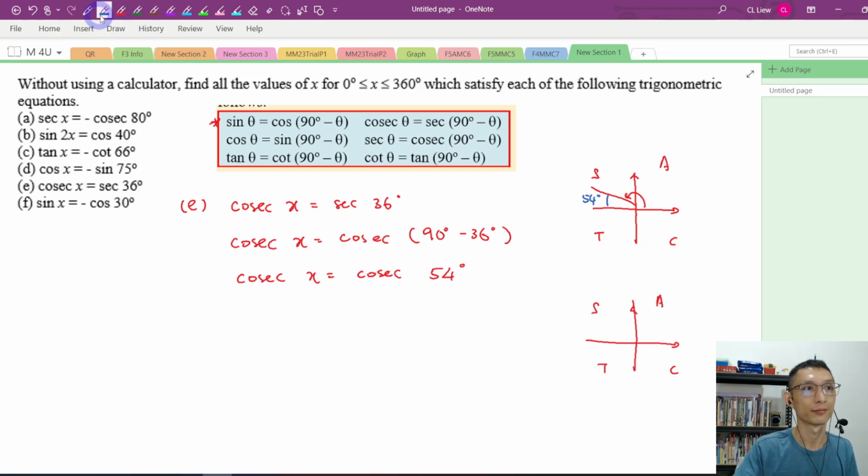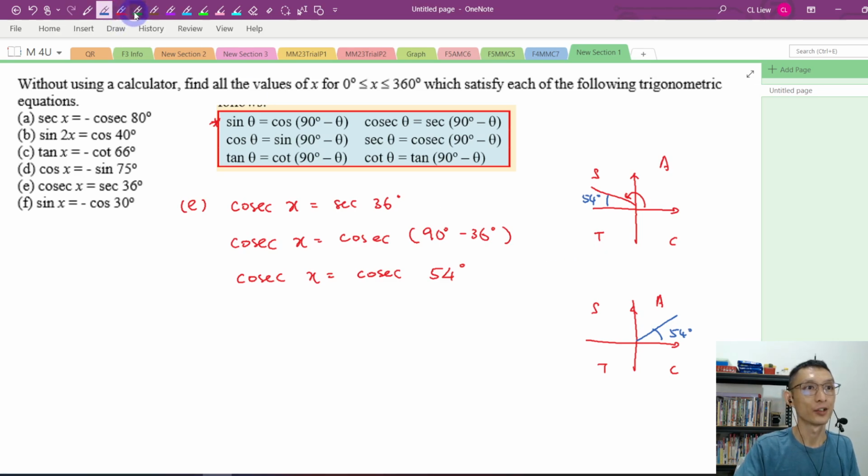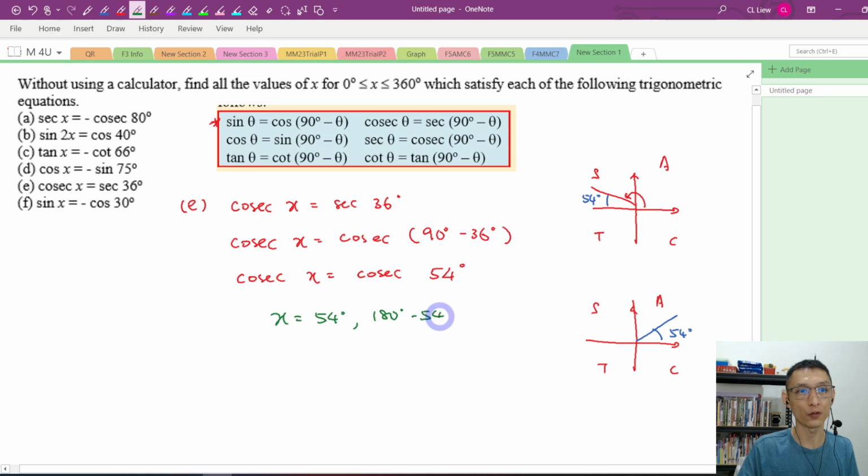Or the first quadrant. 54 degree is over here. Okay, so from here we know that x is equal to 54 degree or 180 degree minus 54 degree, which is this one. So this one we just copy 54 degree, and this is 126. Okay, so this is the answer for part E.